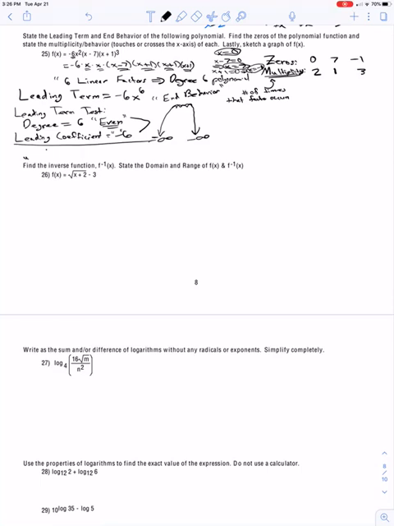Now here's where our behavior comes in. If we have a zero, that means we have an x-intercept at the origin. Since this multiplicity is even, our graph will touch that x-intercept.